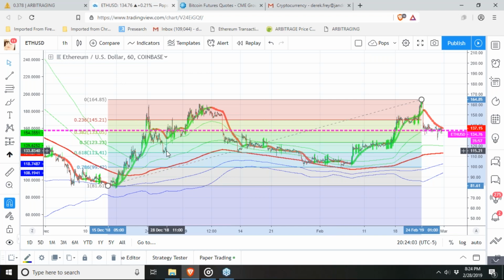If you just simply use the 618 as your buy and use the 786 or slightly below it as your stop level, you would have been buying low each time here, even on these little rallies. And then down here, you still would have held on and your stop would have held below the 786, and then you would have caught this entire rally.